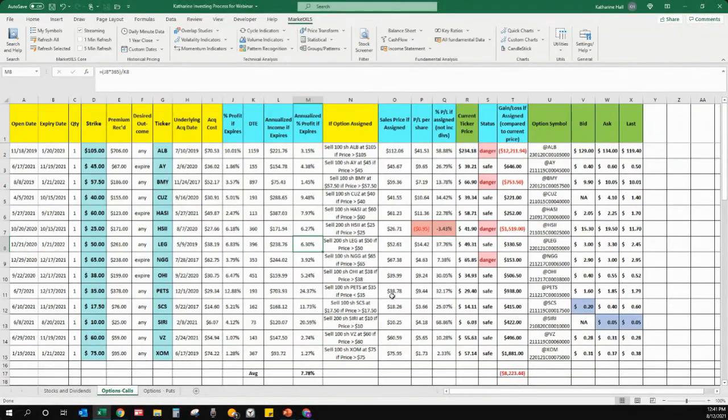Okay, how do you track it? It's a question from Jason. How do you track trades that you roll? Well, I have a more elaborate version of this spreadsheet, and I don't do it on a transactional basis.